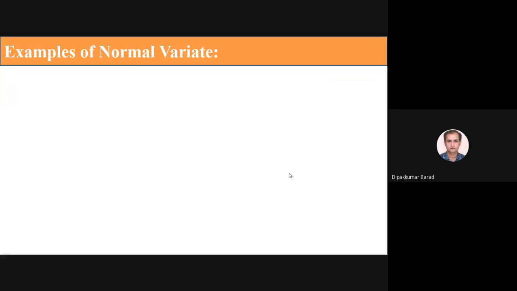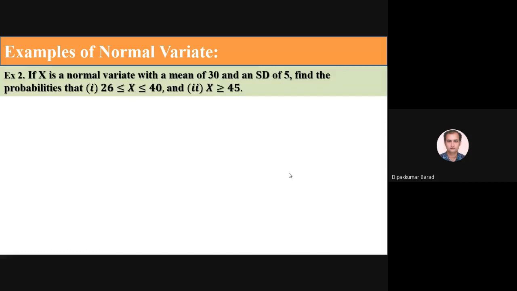All these things we have already discussed in the previous session. Now in today's session we start from example number 2. If x is a normal variate with mean 30 and standard deviation 5, find the probability of x greater than or equal to 26 and less than or equal to 40, and x greater than or equal to 45.